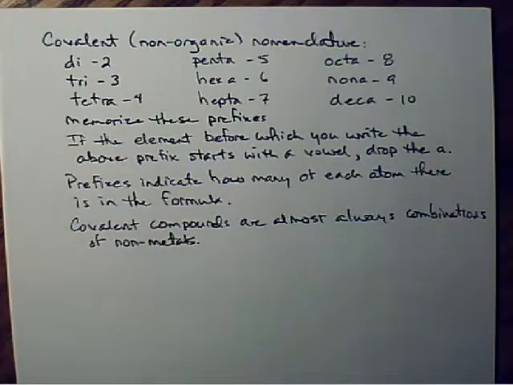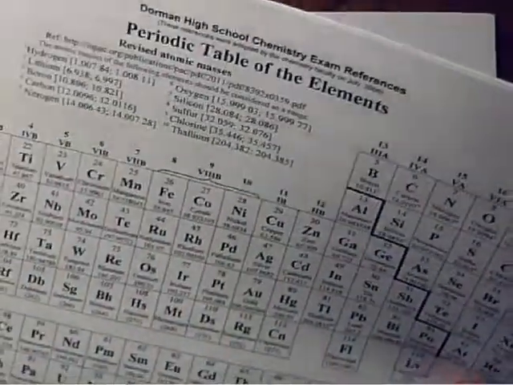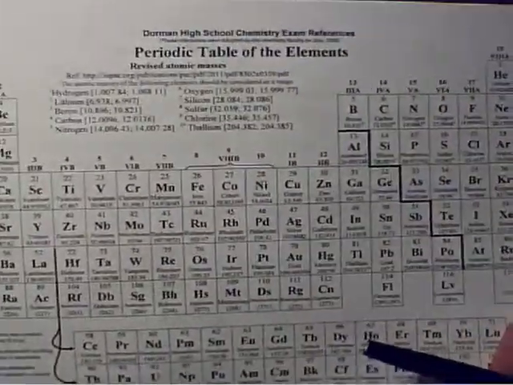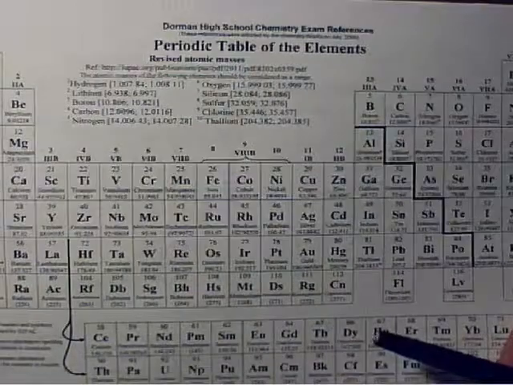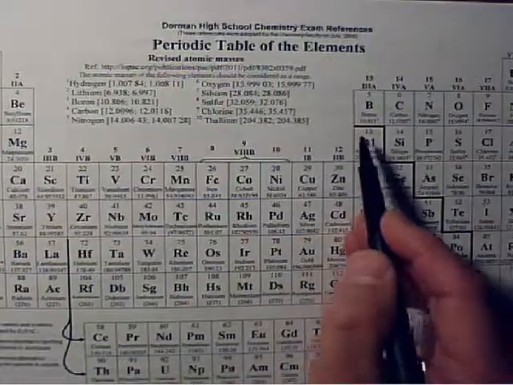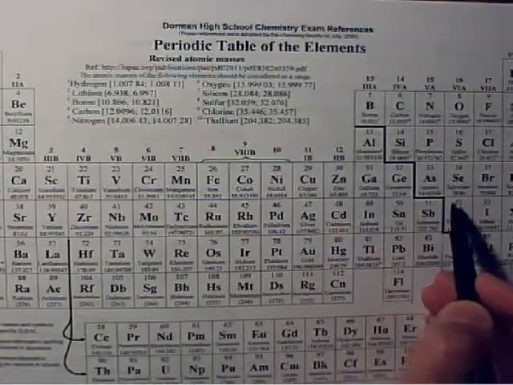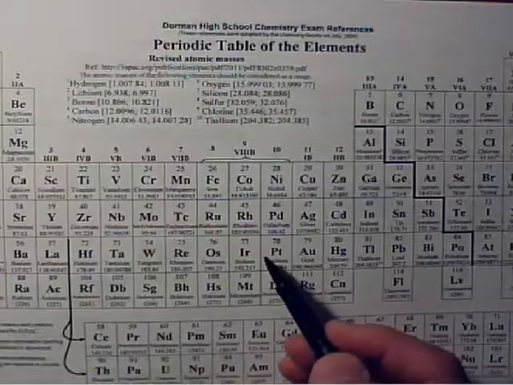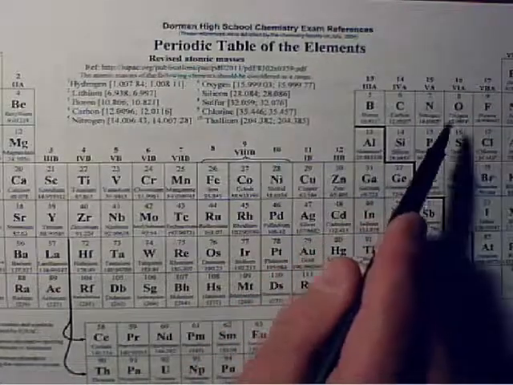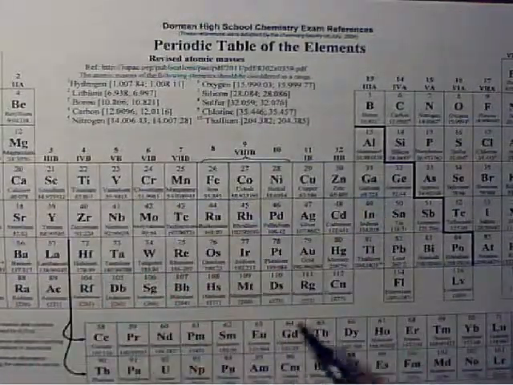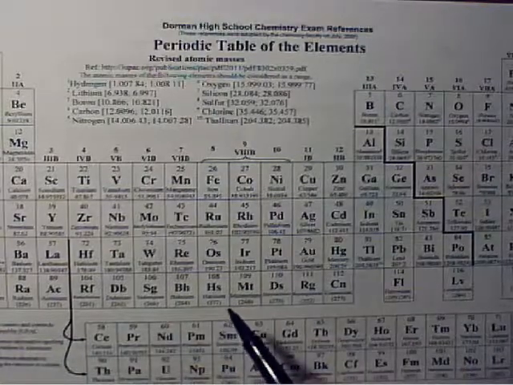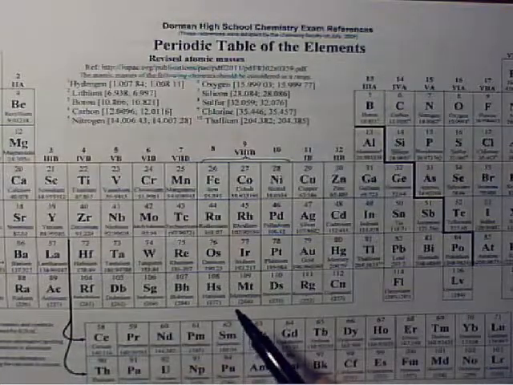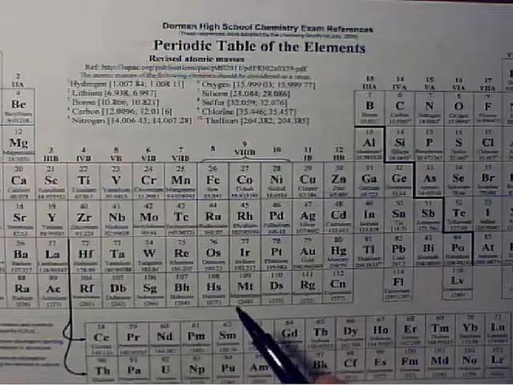We took all those periodic table outlines and identified those different regions of the periodic table. If you have a periodic table of the elements here, this stair step is the dividing line between metals and nonmetals. Nonmetals are over here, and everything else over on this side, those are the metals. So it's pretty simple. You have to look and find out where it is in the periodic table.